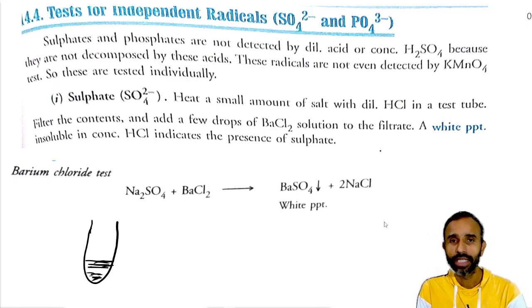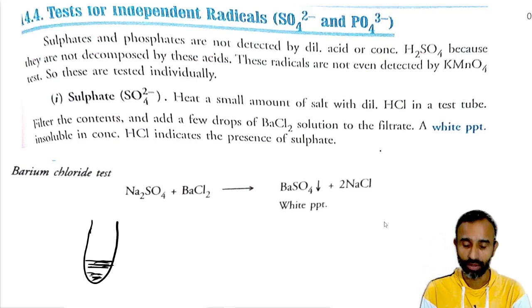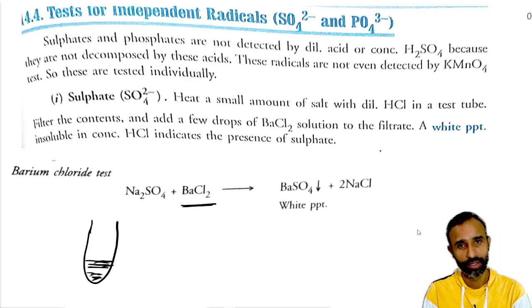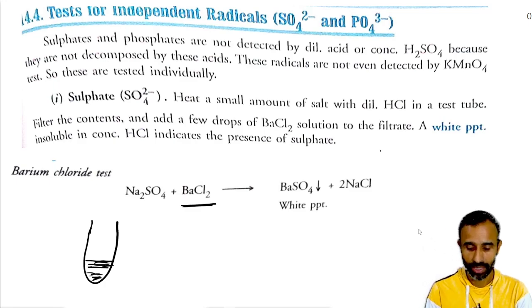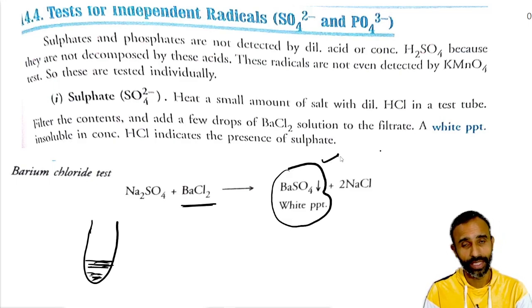After getting that solution, we filter it and we add a few drops of barium chloride. So when we add barium chloride in it, then sulfate gives barium sulfate, and that is of white color.